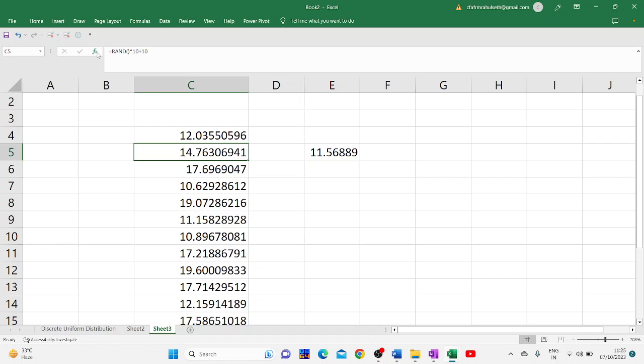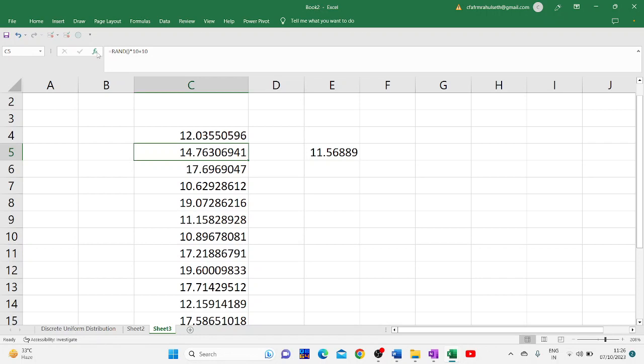Notice these numbers run in several decimal places, and since they run in several decimal places, the number of outcomes are going to be infinite, right? So since the number of outcomes are going to be infinite, we will say that this distribution is continuous. Second thing is that I'm using the RAND function to generate these numbers.